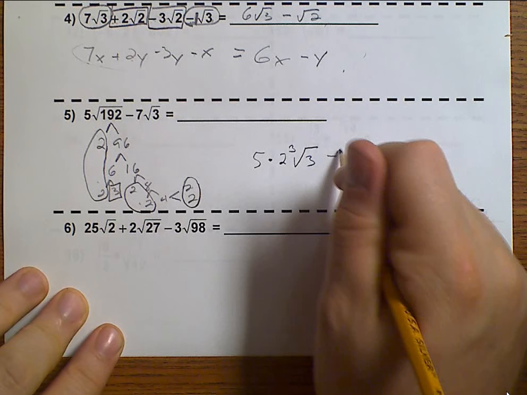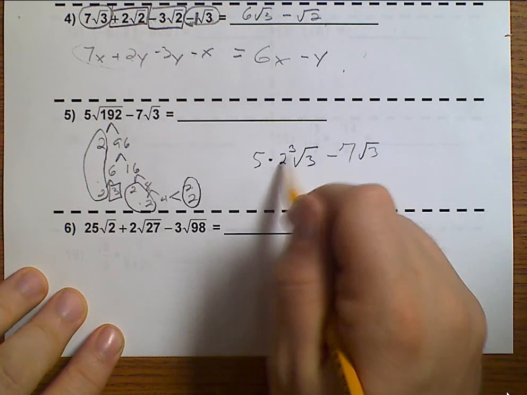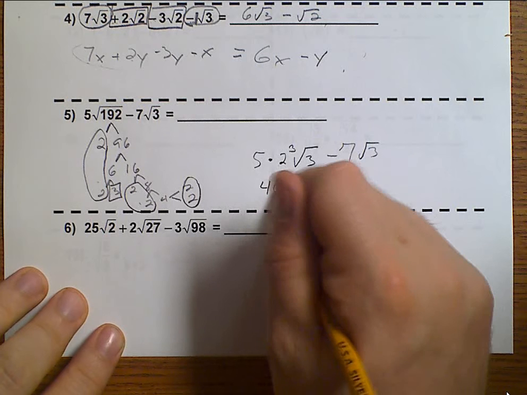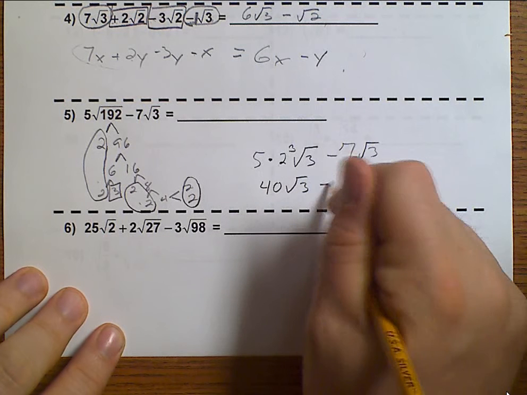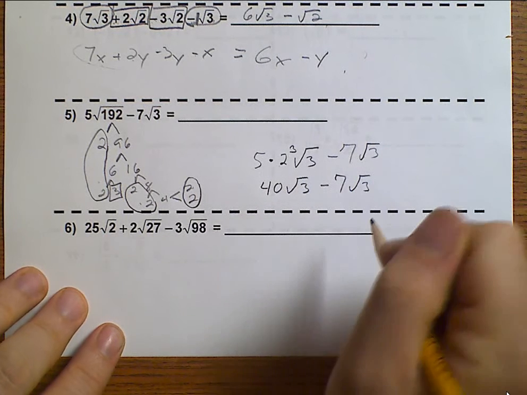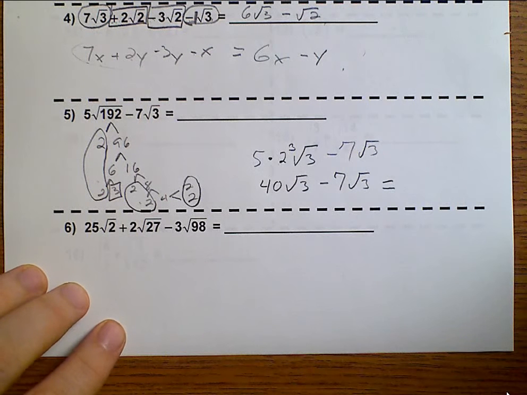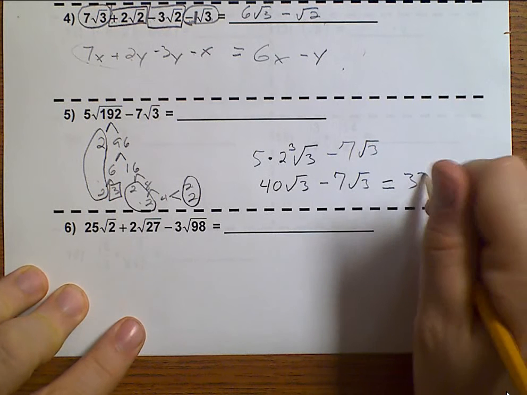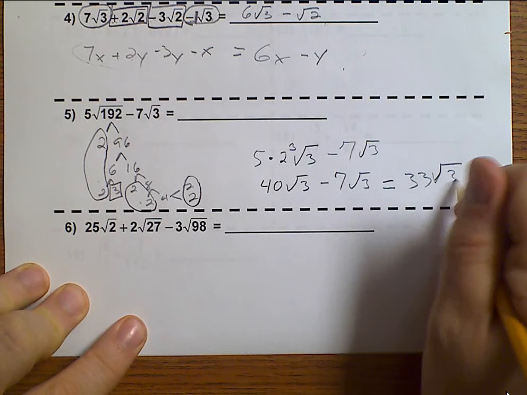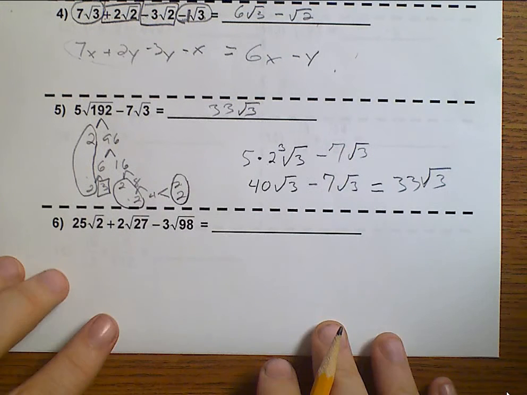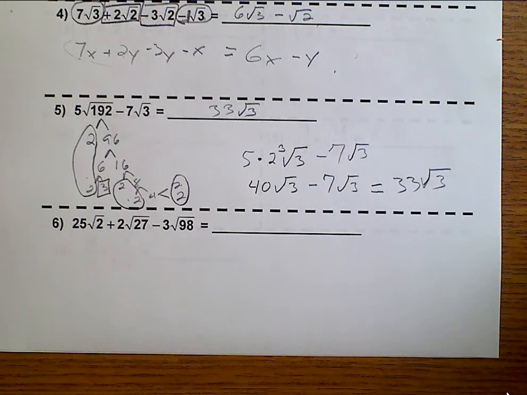minus 7 square root of 3. Well, 2 cubed makes 8, so 5 times 8 is 40. Square root of 3 minus 7 square root of 3. And 40 minus 7 is 33 on the square root of 3. So, first we had to simplify.